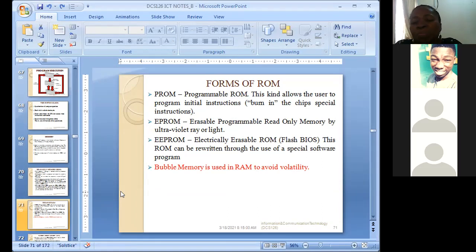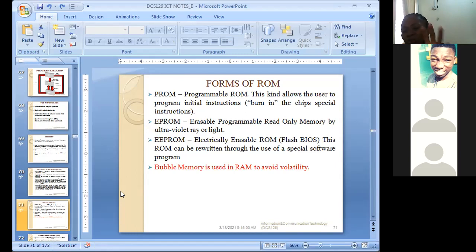Now, when does ROM become a PROM? Programmable ROM. This kind allows the user to program initial instructions into that ROM. So you can store initial instructions, bond the instructions into the chips.